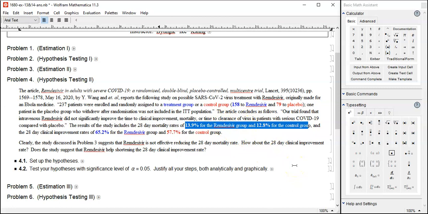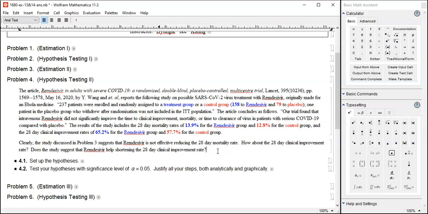It's far more likely that it really did nothing or close to nothing, so that it's just randomness you're looking at. Random error. Now, how about 28-day clinical improvement? 65.2% versus 57.7%. The observed difference was 7.5% point or 0.075. Is that enough? That's the question.